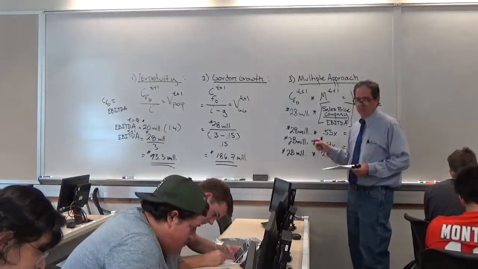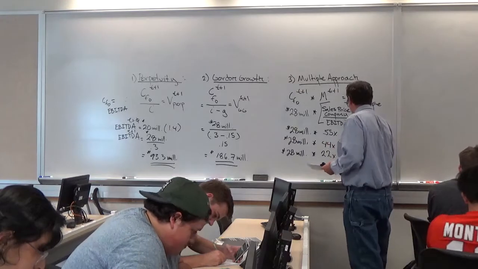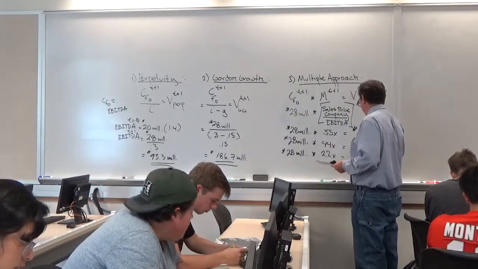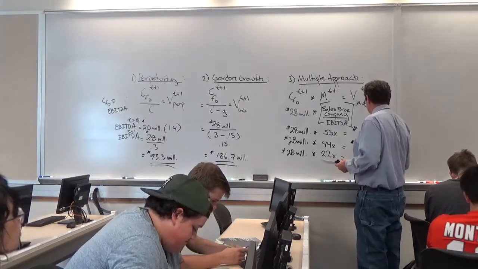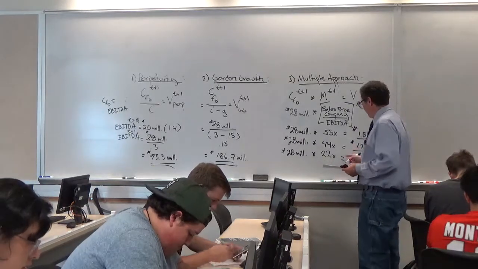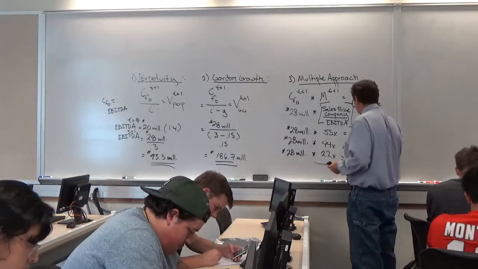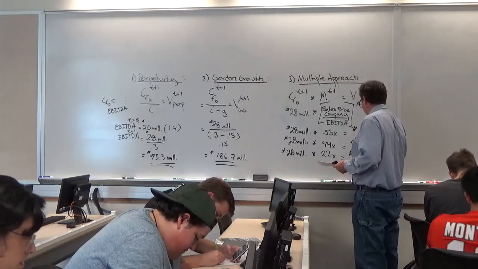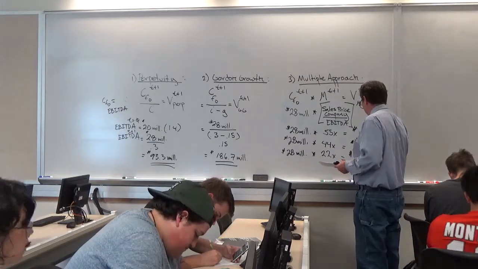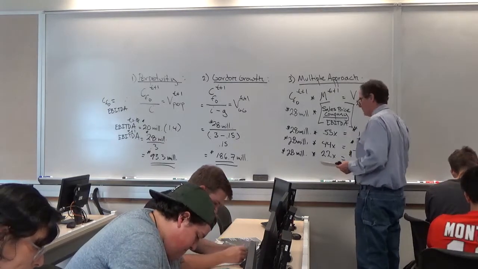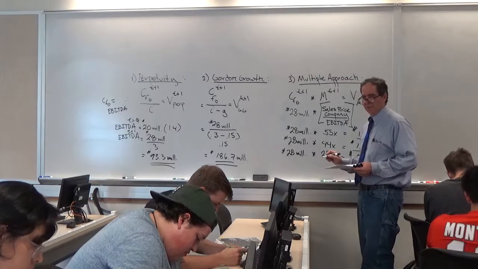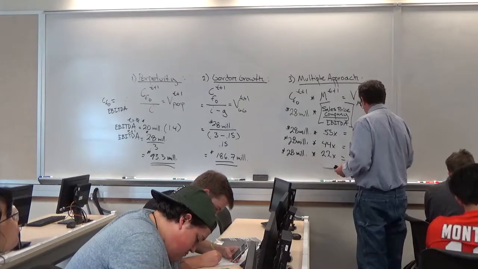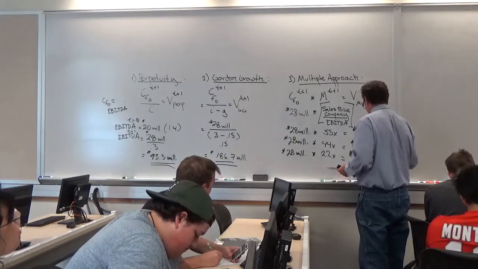And what's 44 times 28? 1.232 billion. Okay, and then what's 22 times 28? 616 million. 0.6 billion. 616? 616.